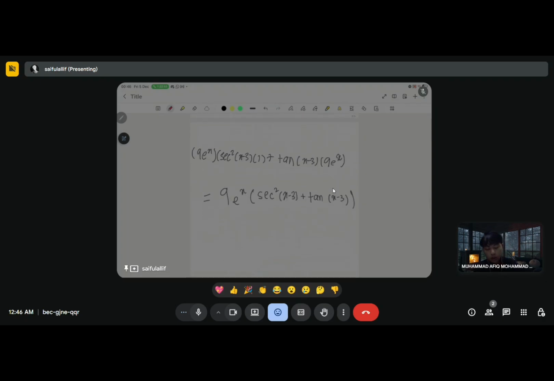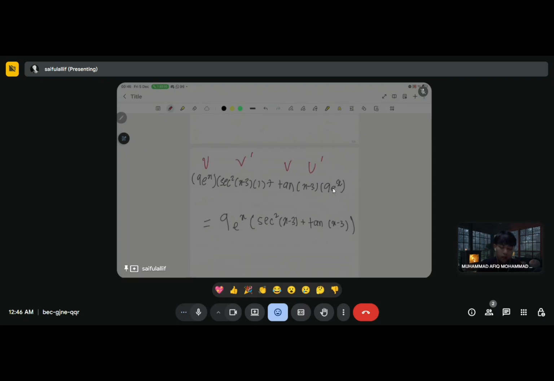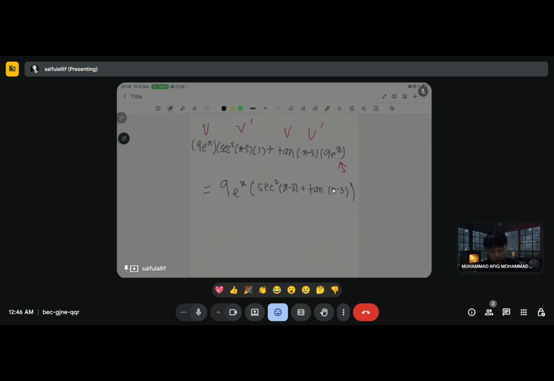So this is my uv' and this is my vu'. Basically this is the final answer, but I factorize it and it becomes like this.